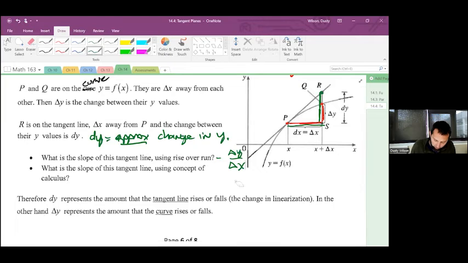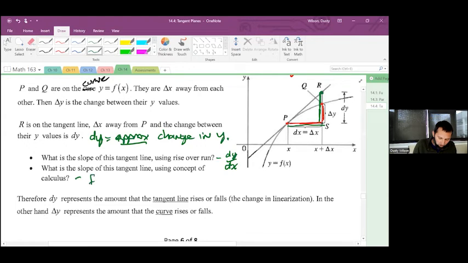That's exactly backwards. I just need to read my own picture. So the slope of the tangent line would be the dy over dx in the picture, because it's the change along the line, which is the green change, not the red change. And then what is the slope of this tangent line using the concepts of calculus?